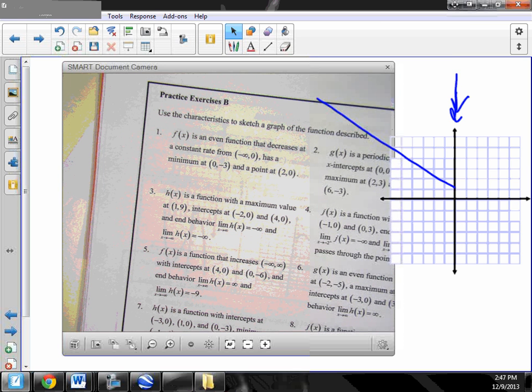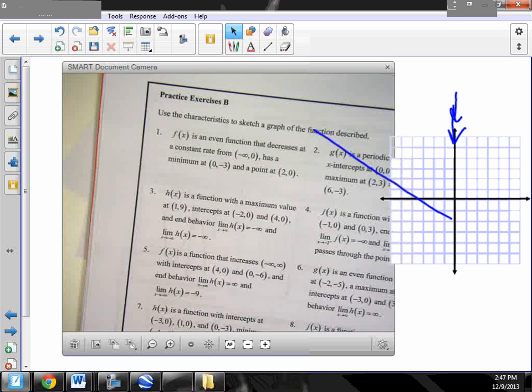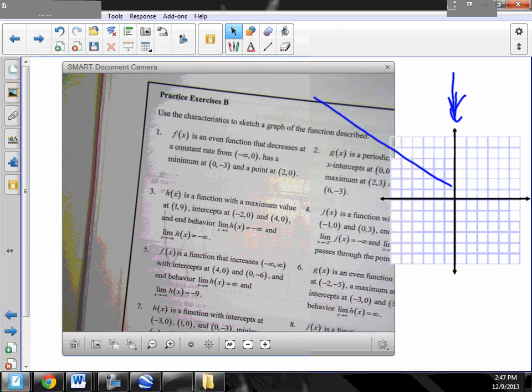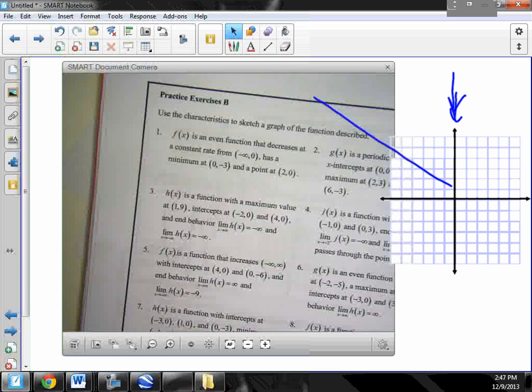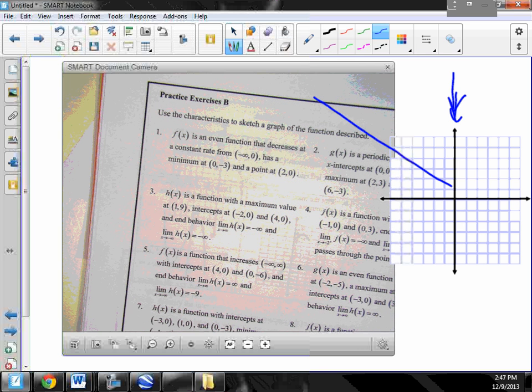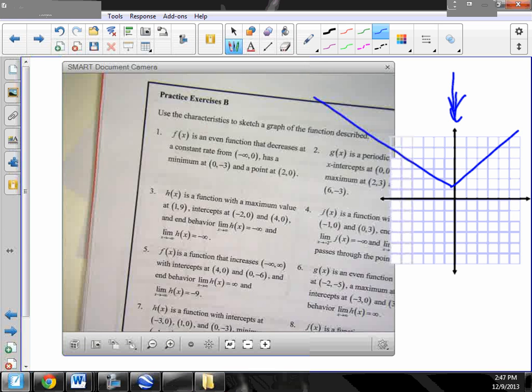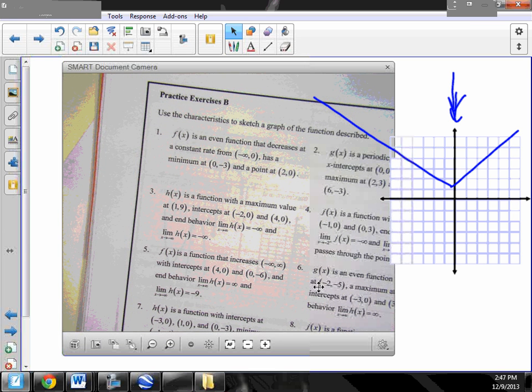But I don't know how high and low it is yet. So if it's going down on the left side and it's an even function, what do I know about the other side? It's got to be going up because it needs to reflect this. Okay? It has a minimum point at (0, -3).